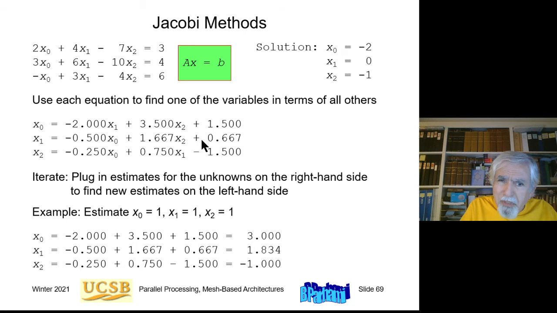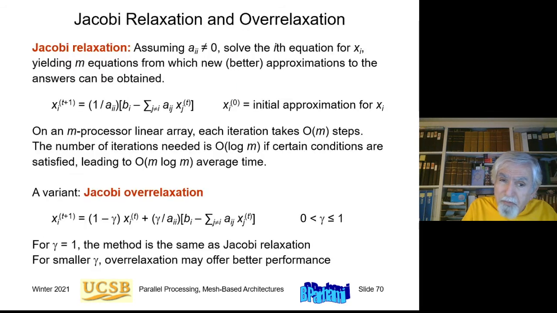So you substitute in this equation, and find the new values that are 3, 1.834, and -1. Okay? Then substitute these, and then sometimes the values go up, sometimes they come down, they will oscillate in general, and sometimes convergence does not occur.